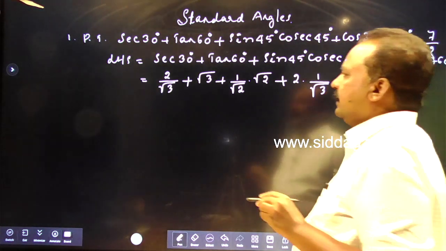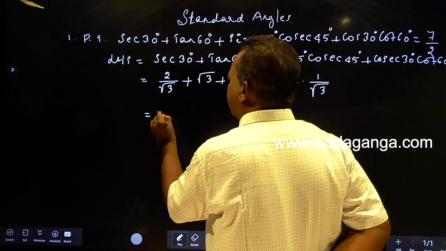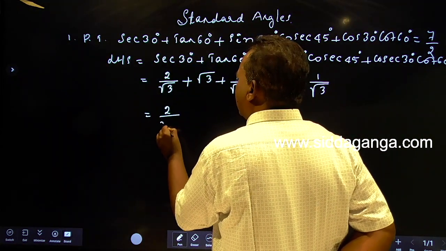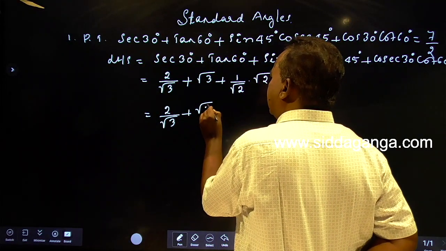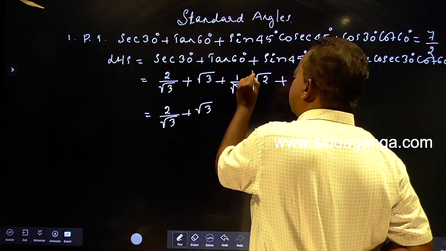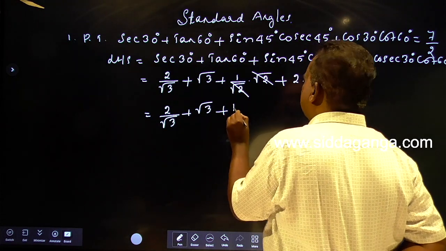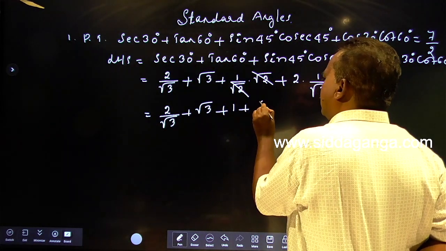Okay. 2 by root 3 plus root 3. These two can be cancelled. Plus 1 plus 2 by root 3.